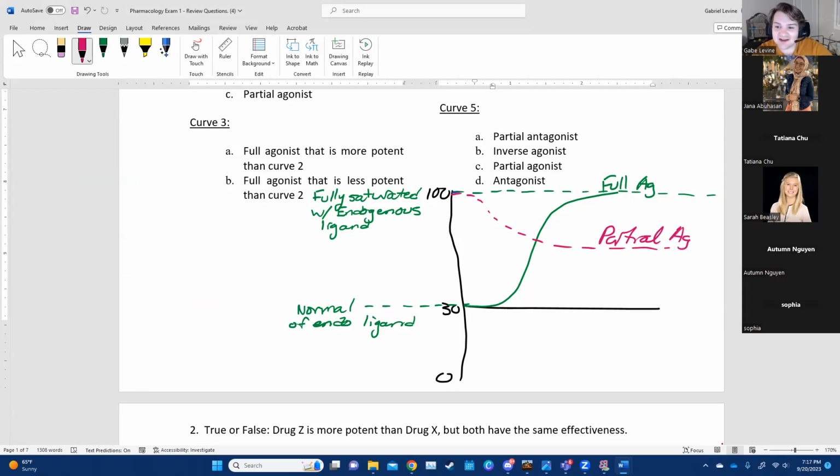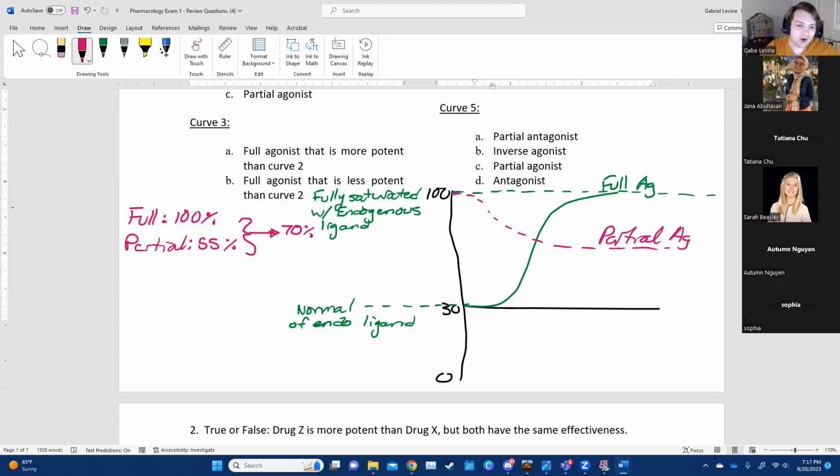Both the partial agonist and the full agonist are competing back and forth, back and forth. And so half of the time it's partial, half the time it's full. And so if you had the full agonist at 100% and you had the partial agonist at 55%, then the total response is going to be somewhere in the middle.